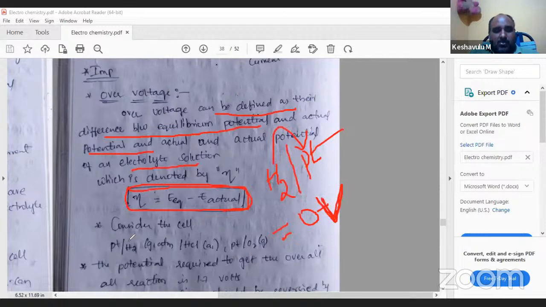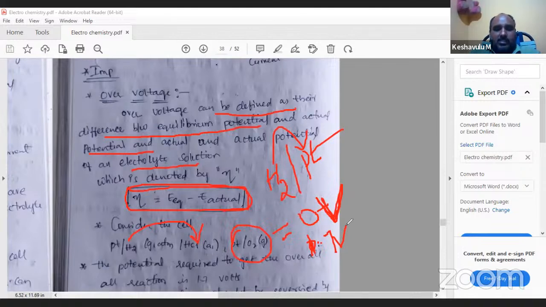See, this hydrogen electrode is dipped in HCl solution and combined with oxygen gas. Whenever it is combined with oxygen gas, at that time the hydrogen electrode gives a potential of 1.7 volts.